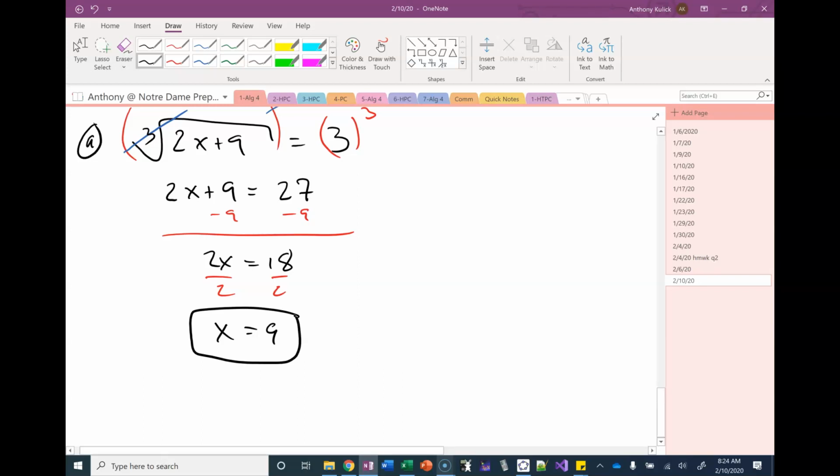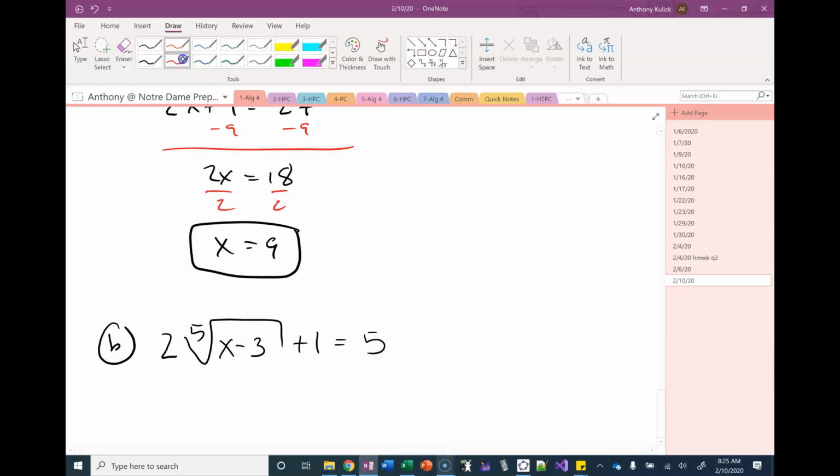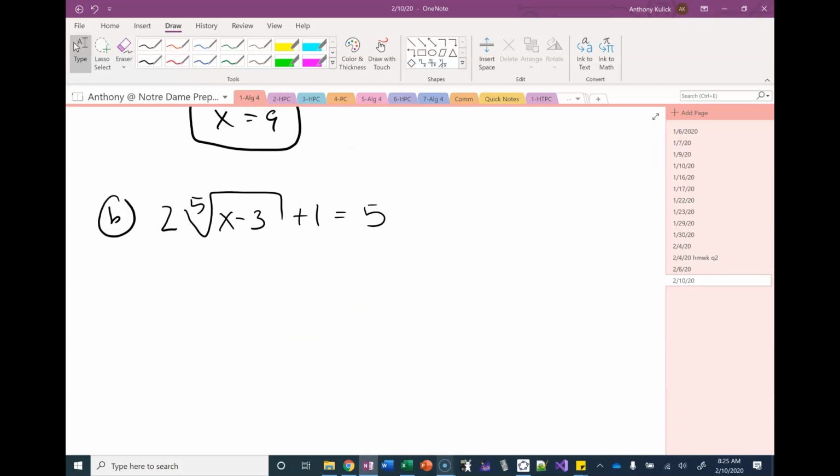Okay, let's try another. What if we have 2 times the 5th root of x minus 3 plus 1 equals 5?